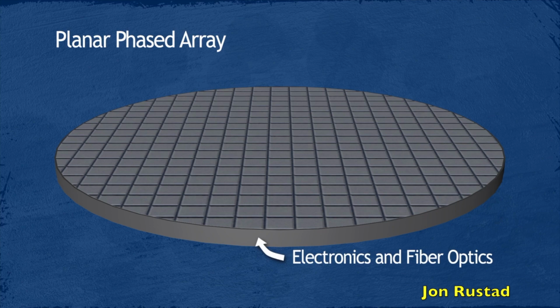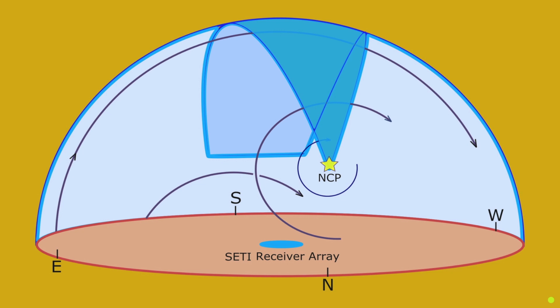If you've already watched the video on radar, you know what's on the way. In this diagram, the sky revolves around the north celestial pole. Objects generally rise in the east and set in the west. The darker blue area is the receiver beam field, similar to the beam field for the radar, but with one important exception.